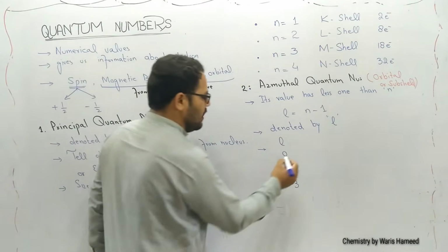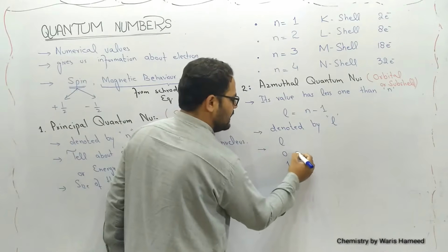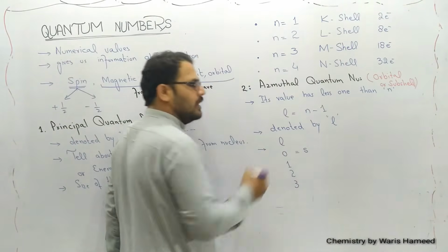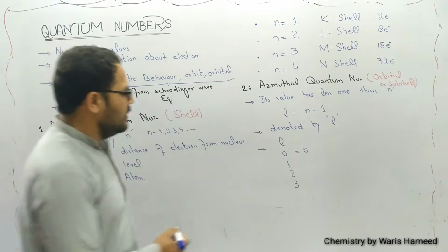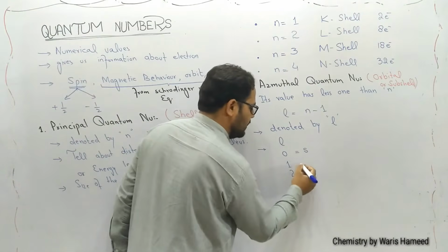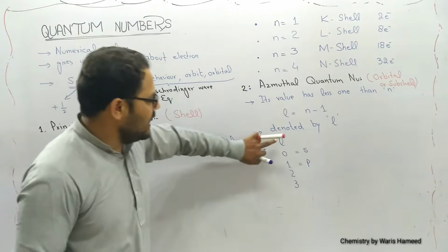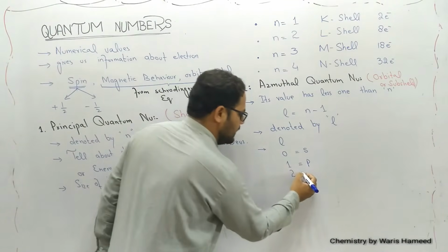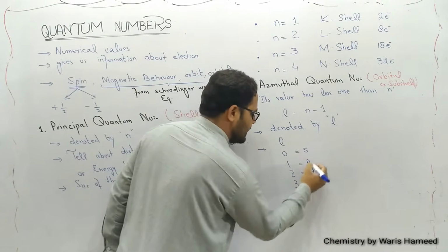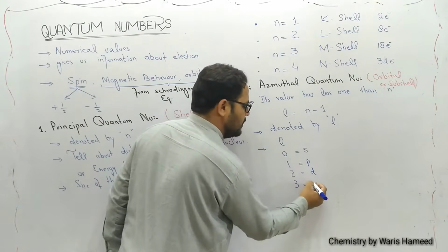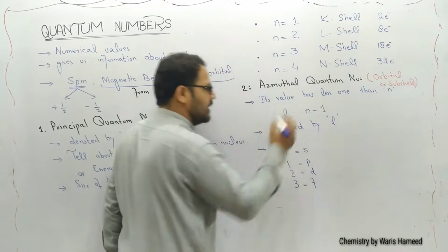If l is equal to 0, then it's the s subshell. If l is equal to 1, then it's the p subshell. If l is equal to 2, it's the d subshell, and if l is equal to 3, it's the f subshell.